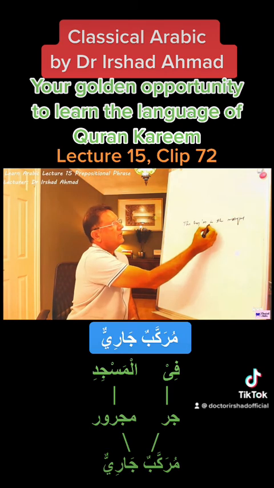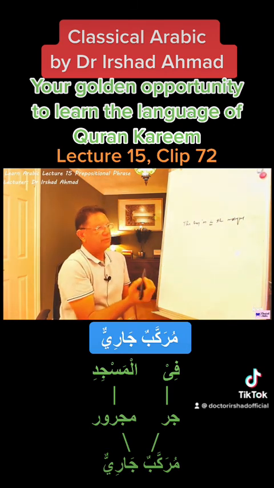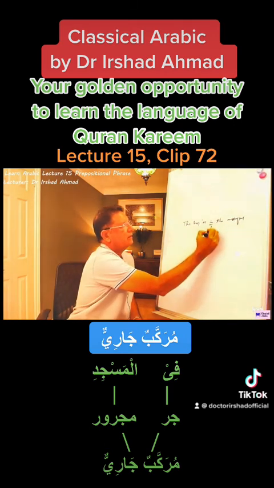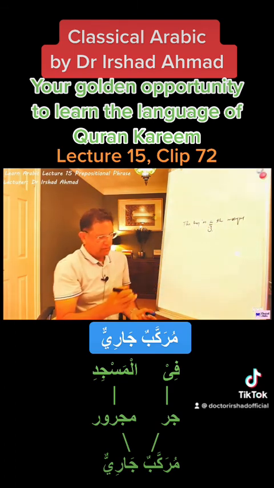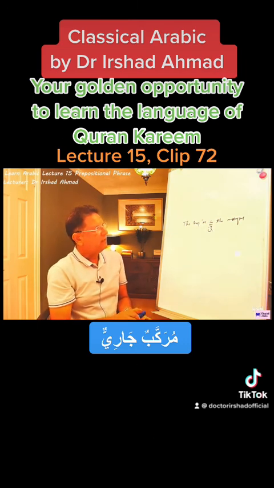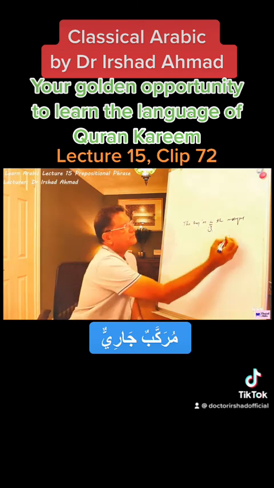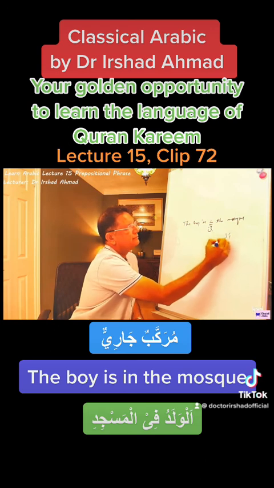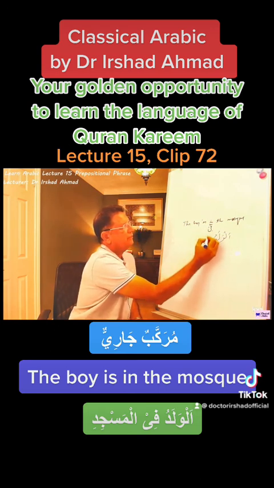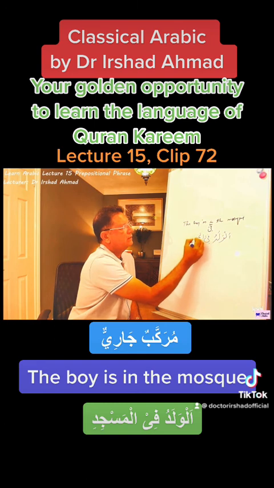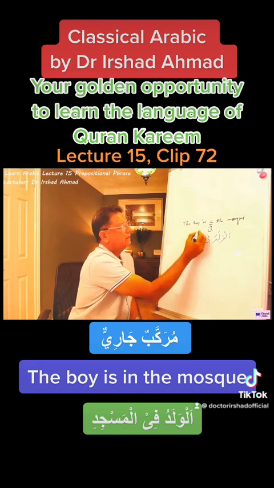In is fi, we know that from the list of huruf jarra, and the boy we know. So we can translate that: al waladu fil masjidi.